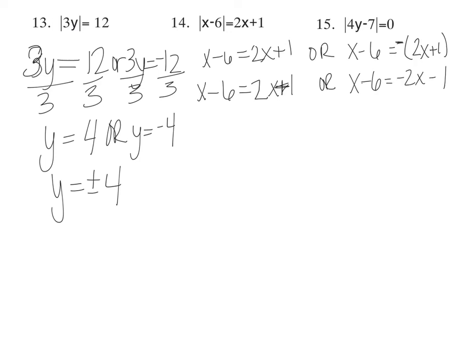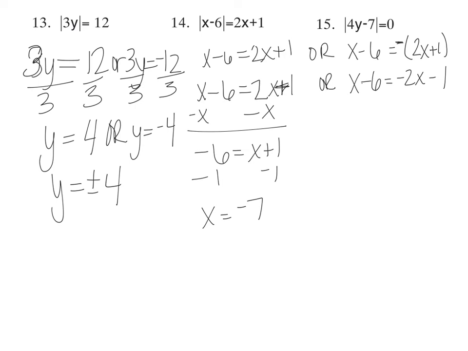Now I can solve my equations. Minus my x, and I get negative 6 equals x plus 1, minus 1, x equals negative 7. And don't be too quick to say, oh, the answer can't be negative, but we will have to check because it is possible to get extraneous solutions when we have a variable equal to an absolute value.